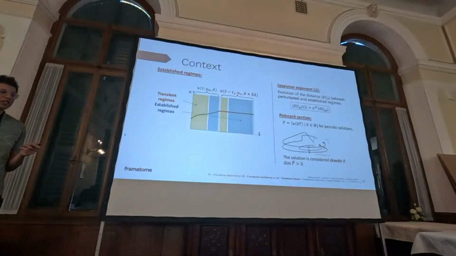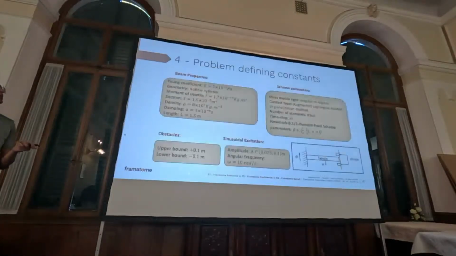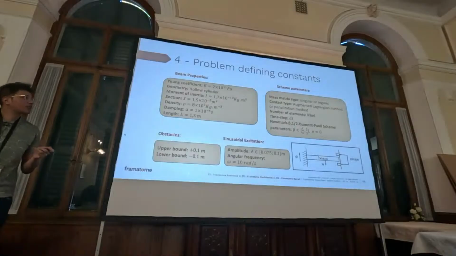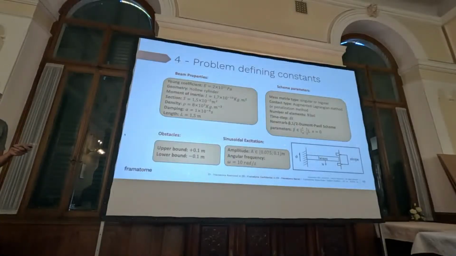So we have a section, and we will study all the intersections at every period of the solicitation. And if the shape that we get has a dimension greater than 0, then it indicates a chaotic regime. And here are our same constants, and we have a band of amplitude, and we fix our angular frequency.